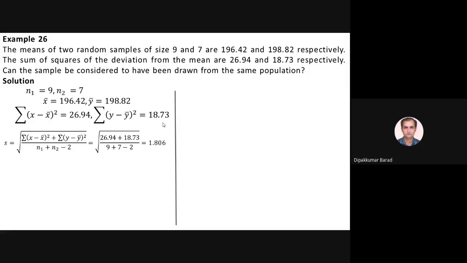S is the square root of the sum of these two sums of squares upon n1 plus n2 minus 2. Calculating, I get 1.806.